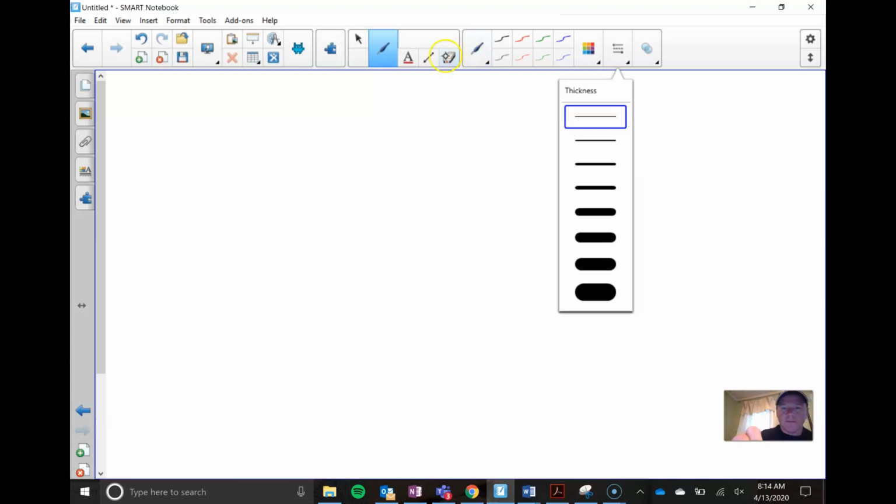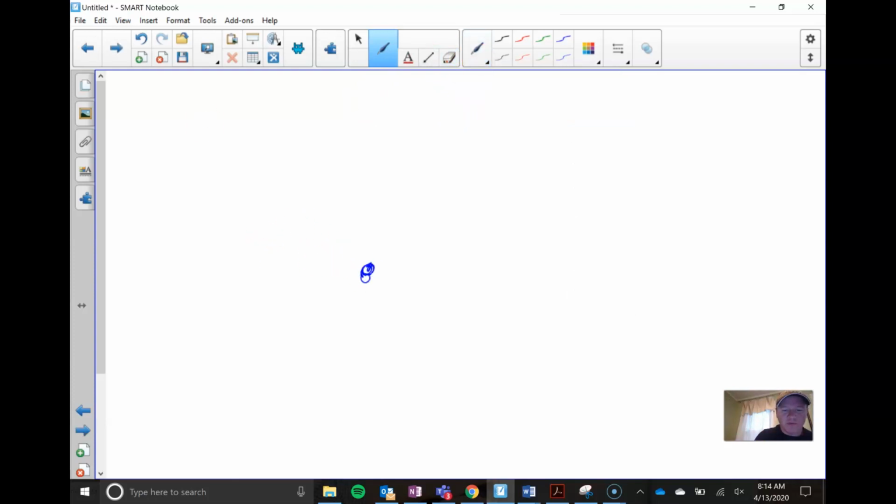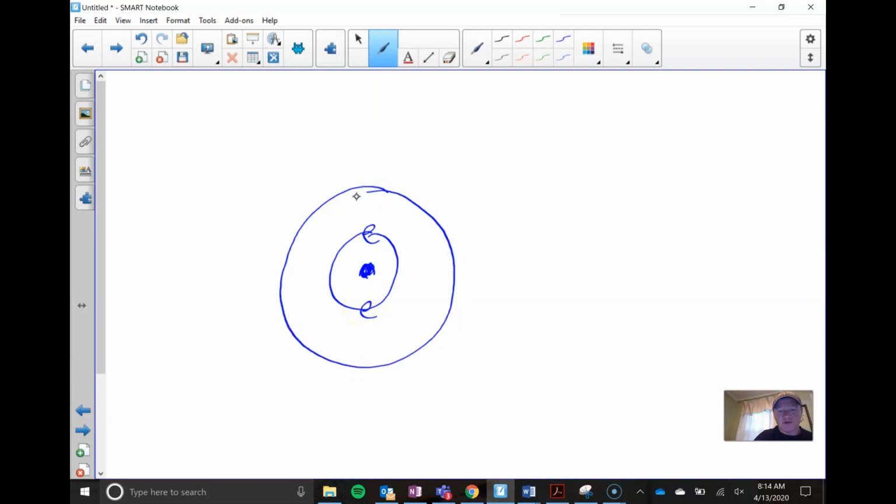Just to show you a couple things there, remember with the Bohr model, you've got your nucleus. This first energy level will only hold 2 electrons. Then it's full. And that second energy level holds 8.